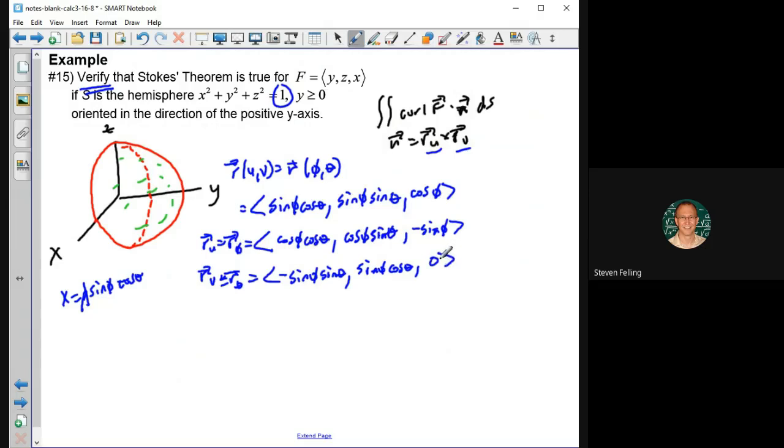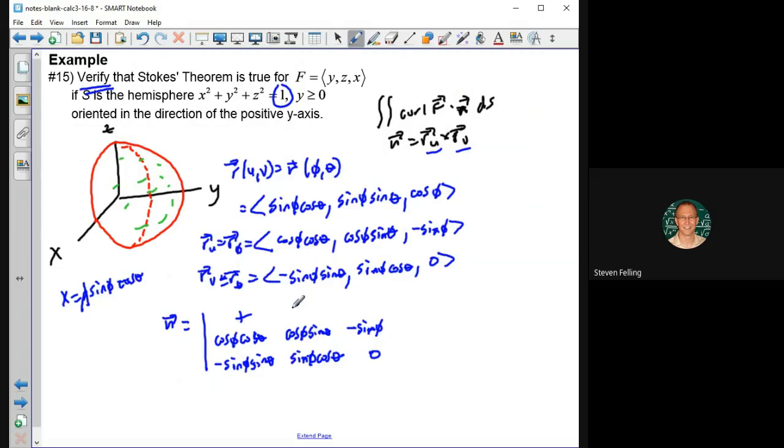Right? And then the normal vector is the cross product of those two things. So for the normal vector, we could load these up. We have cosine phi cosine theta, and then cosine phi sine theta, and then negative sine phi. And then over here we'd have negative sine phi sine theta, and then we have sine phi cosine theta, and then we have 0.